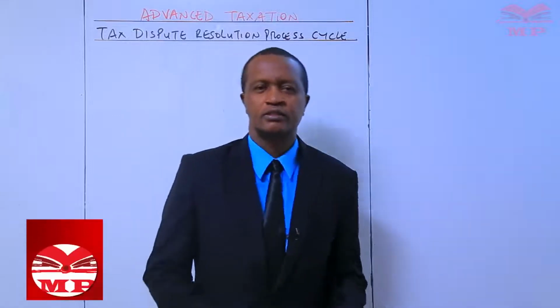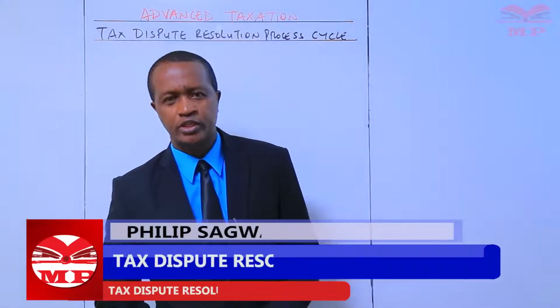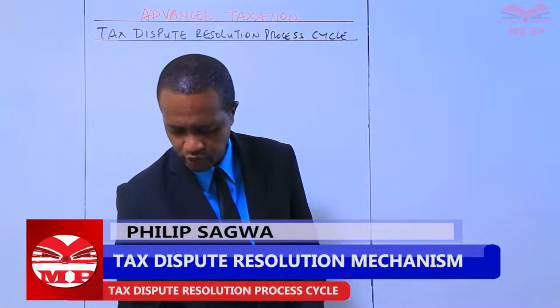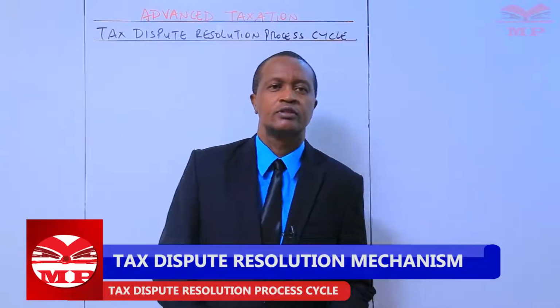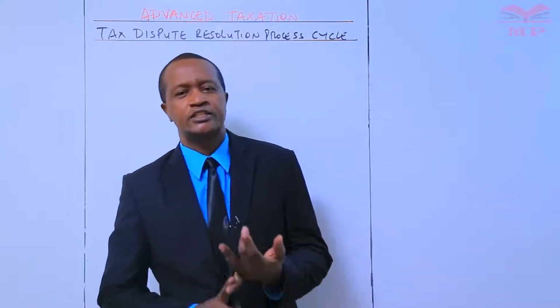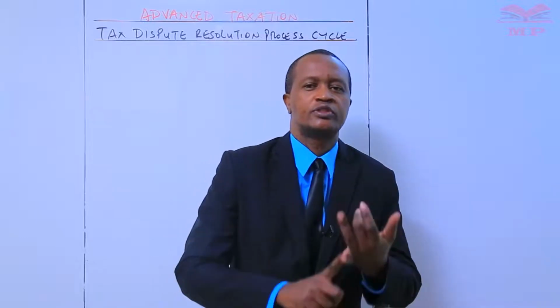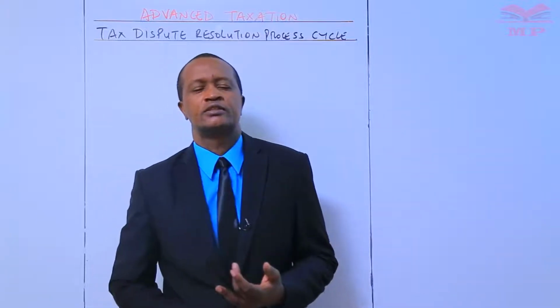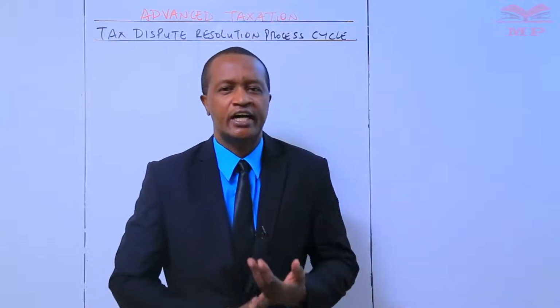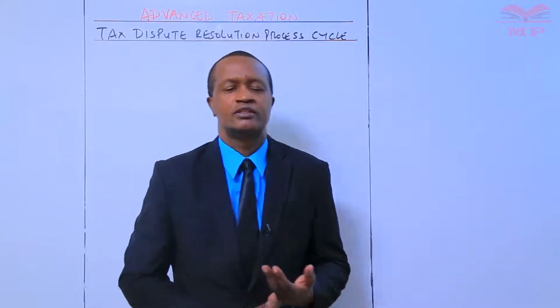Ladies and gentlemen, I'm back to continue with the discussion on tax dispute resolution mechanism. In our last session, we studied the stages of the tax dispute resolution process. We studied the lodging of ADR application and procedures.